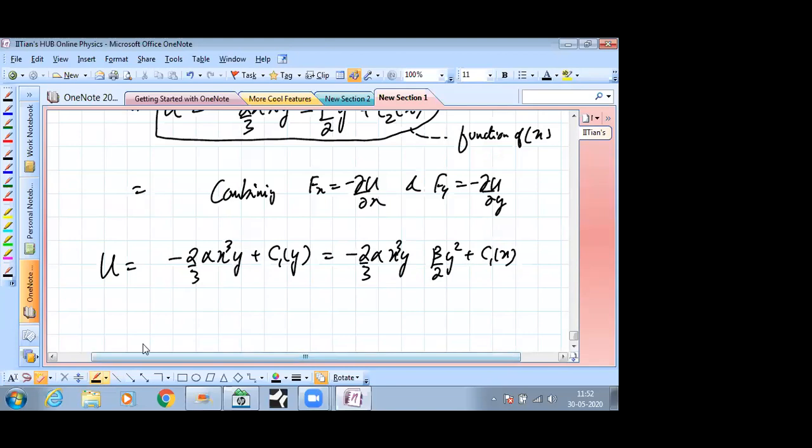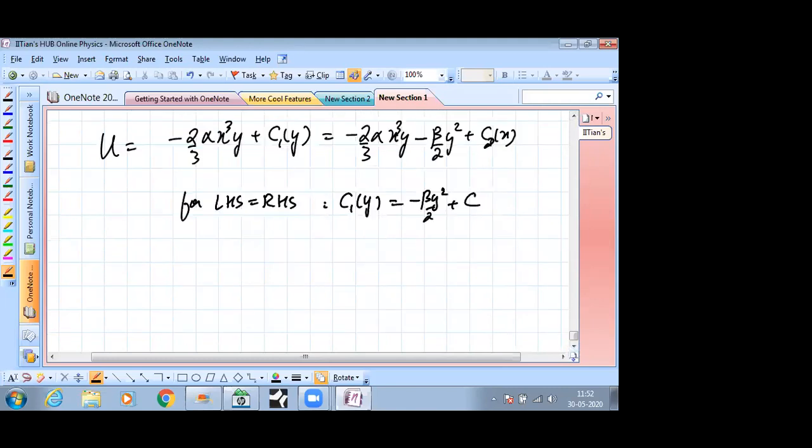Okay, so hope these steps are clear to all of you. Aside relation method. Now you can see that for LHS to be equal to RHS, C1 of y should be equal to minus beta y square by 2 plus some constant.